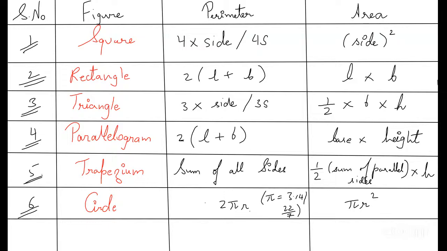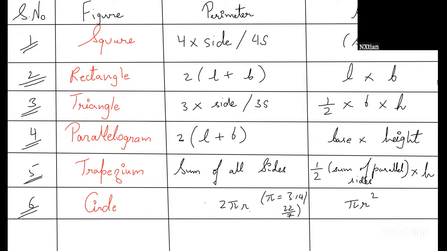One thing I want to correct you, when you are drawing the diagram, suppose I have the circle, the circle diagram you drew in the third question. In that diagram, labeling is very important. Don't just draw a circle and leave it.